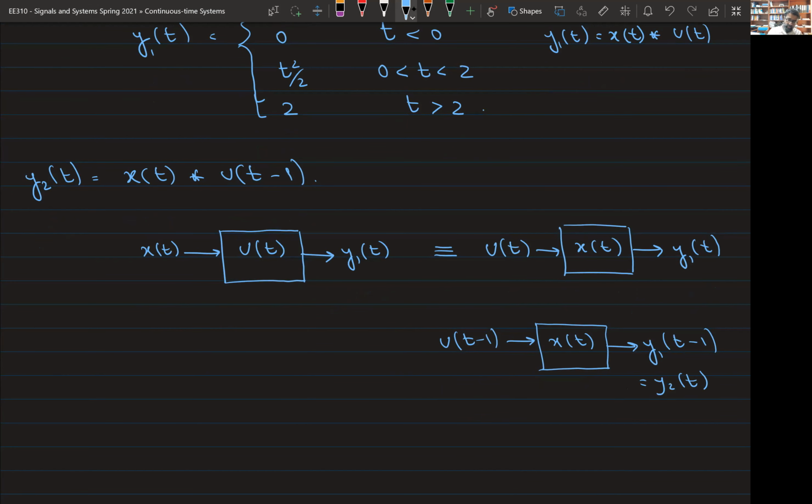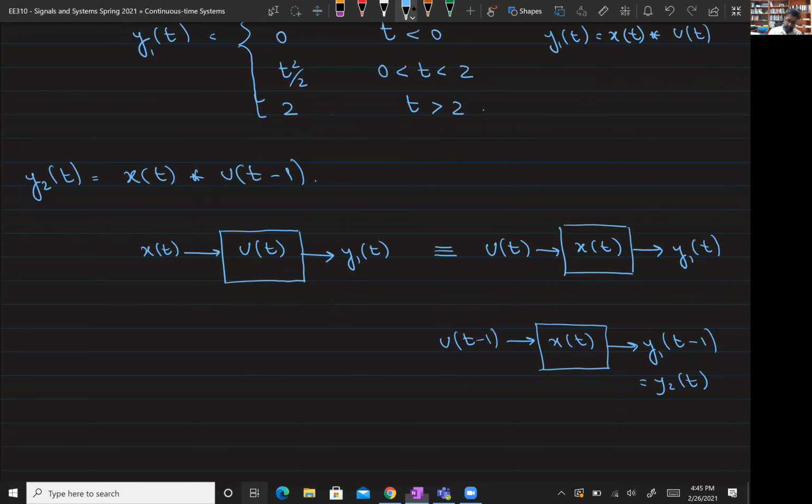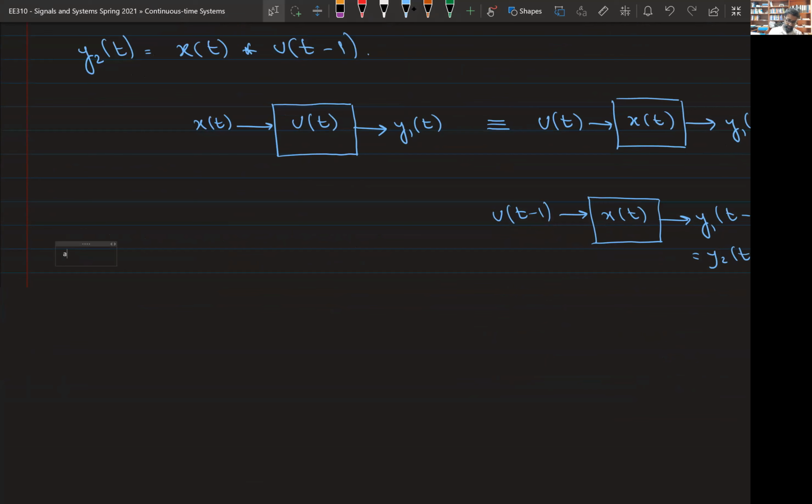So y2 of t must be equal to y1 of t minus 1. So y2 should only be a shifted version of y1. And that's enough for me to now compute the overall convolution, right?